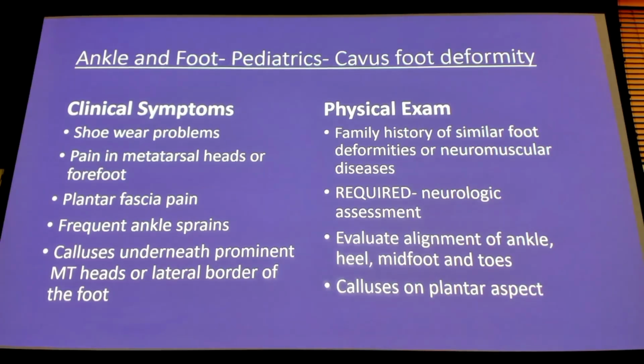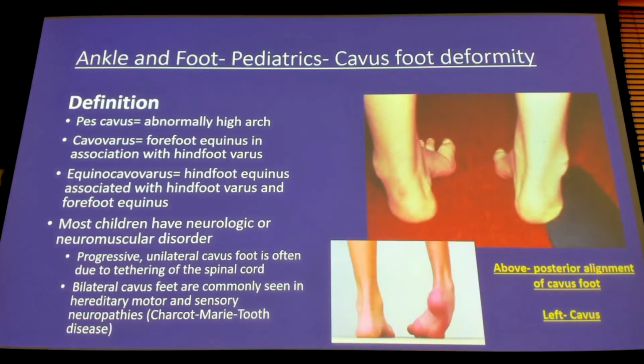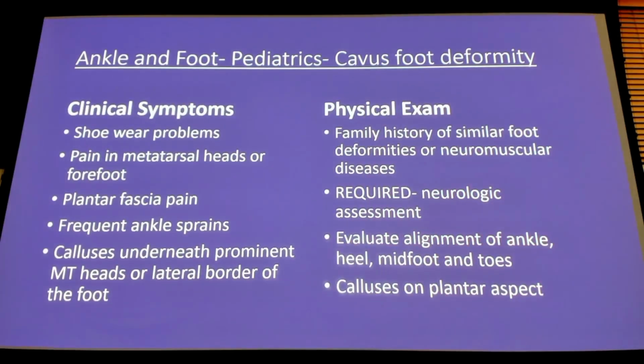If they have other neurological conditions, you may get that from the history, or you may find that in their records. In some cases, you will actually discover that during your orthopedic exam. But always look at the alignment of the foot. If the foot doesn't look something like this, you'll have an index of suspicion that something else is going on with it.